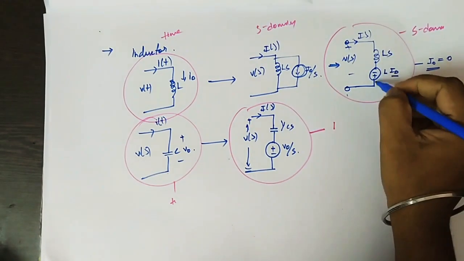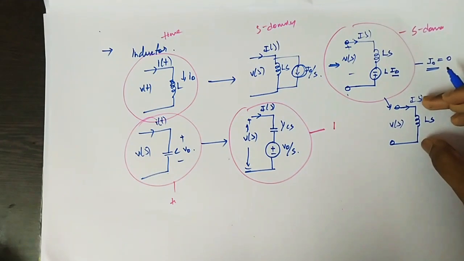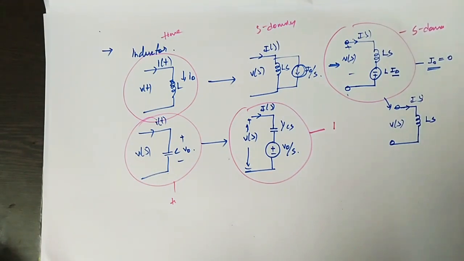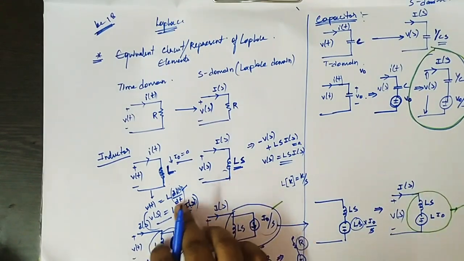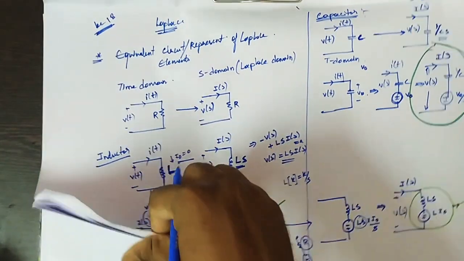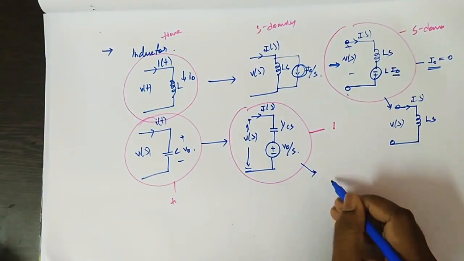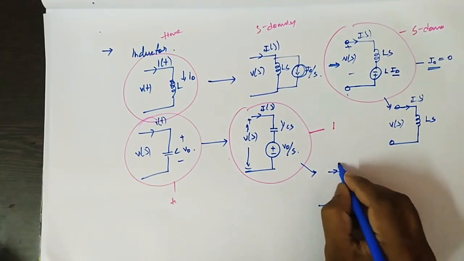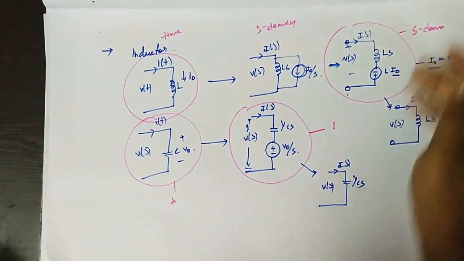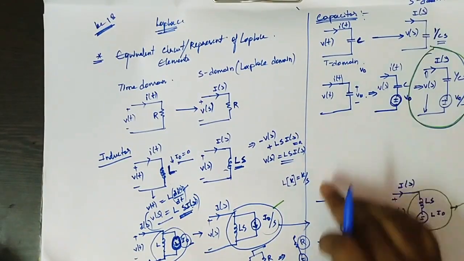Okay, this thing will be shorted. So what do you understand by this? In this circuit, the initial current I naught is not there. Similarly, if initial voltage V naught is 0, this will also be shorted. So you will be getting this one.